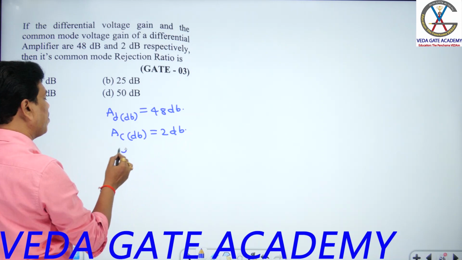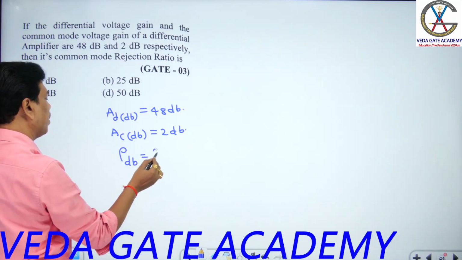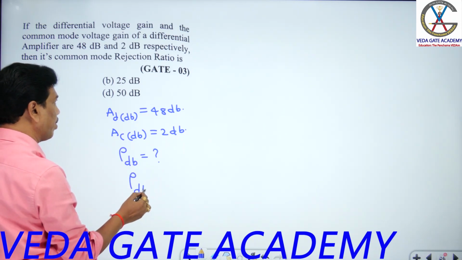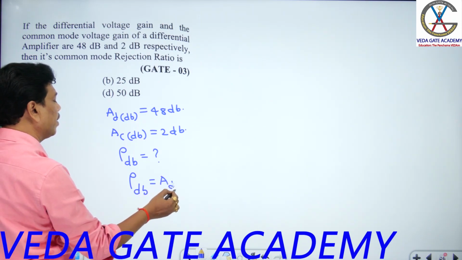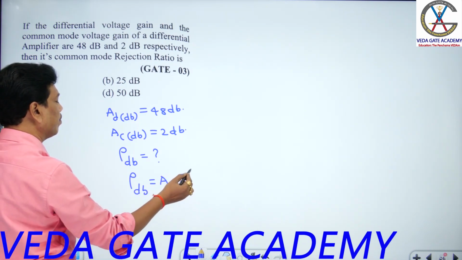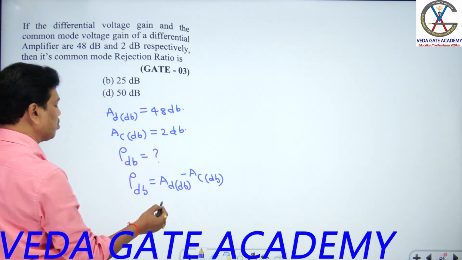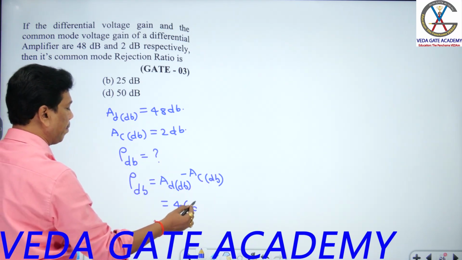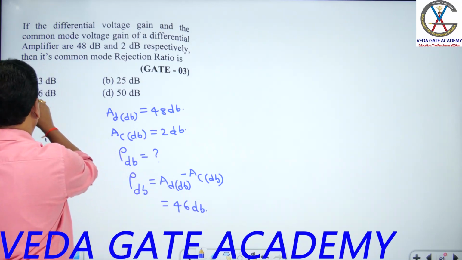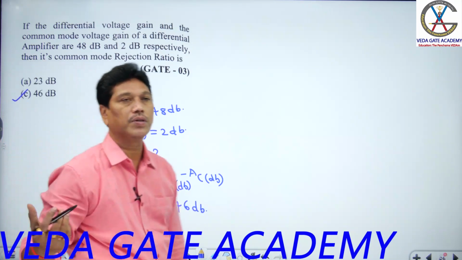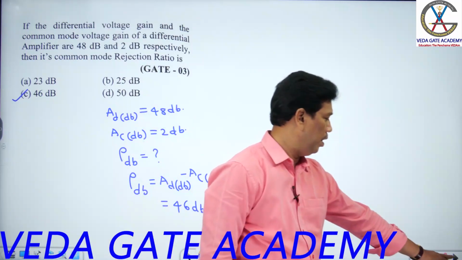What is the CMRR asked? It is direct. Rho dB equals AD dB minus AC dB. So 48 minus 2 equals 46 dB. So the answer is C, a direct one.